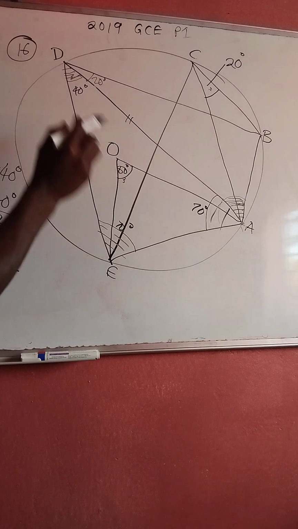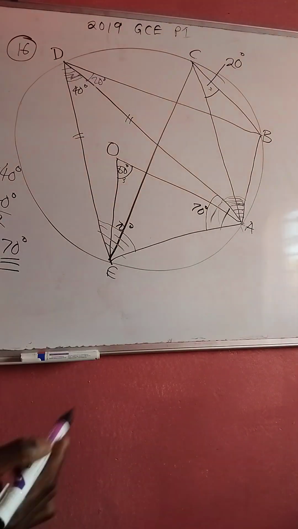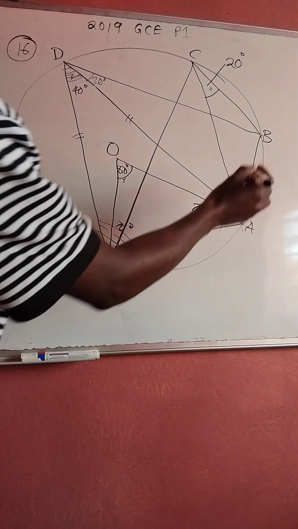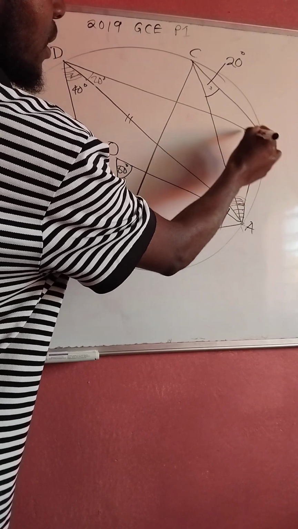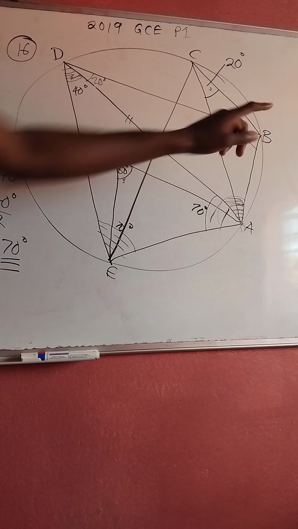Now, if you pay attention, ADB is a triangle, and angles in a triangle add up to 180. So we can find this angle here, add to 20 and subtract from 180.